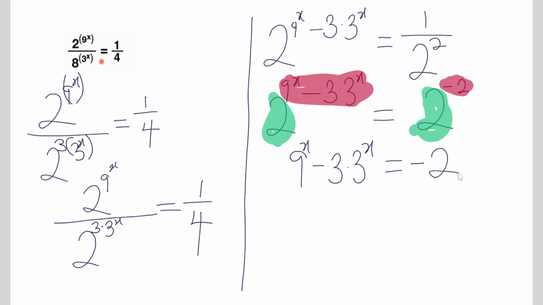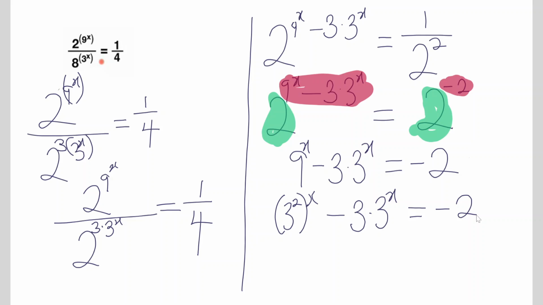And of course, I can write 9 as 3 to the power of 2. So let's quickly put that into consideration. So we have 3 to the power of 2, then to the power of x, minus 3 times 3 to the power of x, everything equal to minus 2.